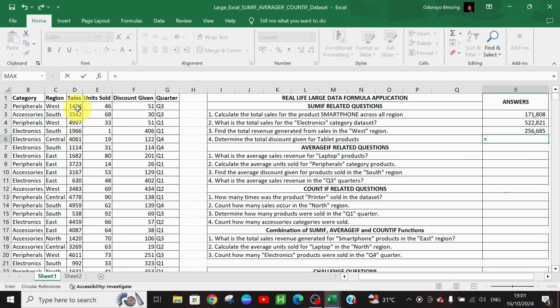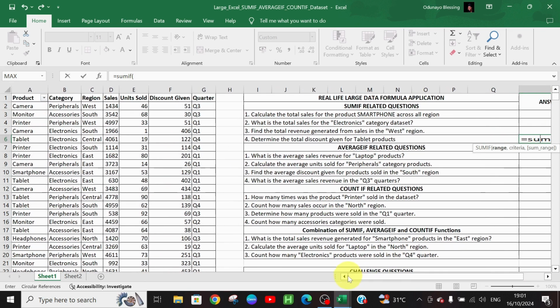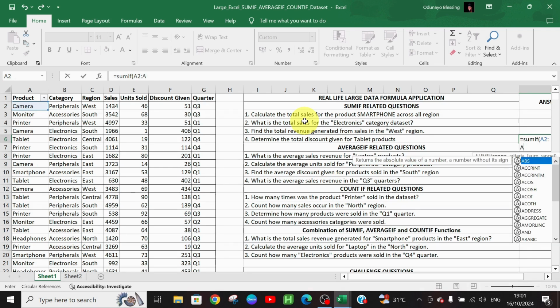Now the next thing is the total discounts given for tablets, which is SUMIF as well. The range is the product, because it's talking about the product tablet. So that's going to be A2 to A501.